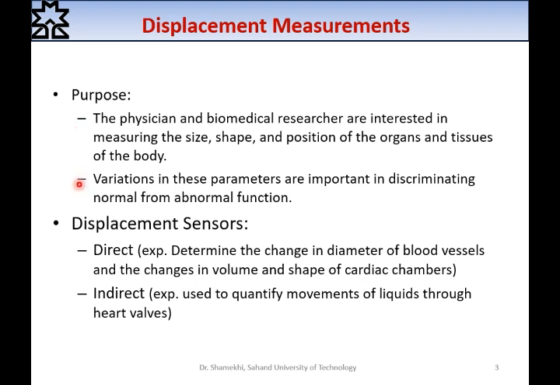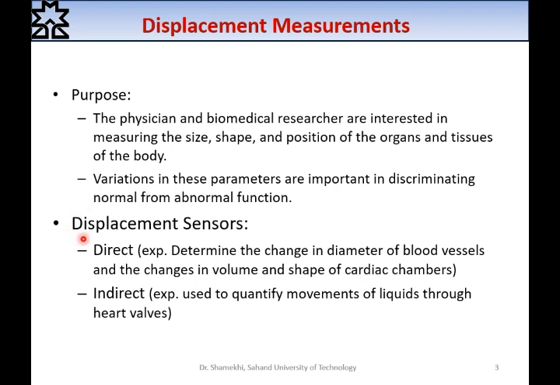And variation in these parameters is important in discriminating normal from abnormal function. As a second purpose, we use these measurements to make some decisions about the normal function of the organ or whole body.